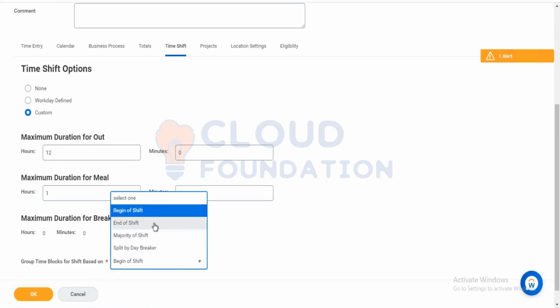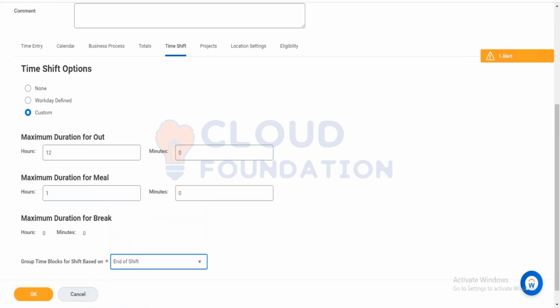If you create it by the end of the shift, it would see the last time entry for the day. For example, if I started my job at 10 p.m. and ended it at 4 p.m., it will consider the last block, 4 p.m., as the end, and based on that, the calculation would perform.